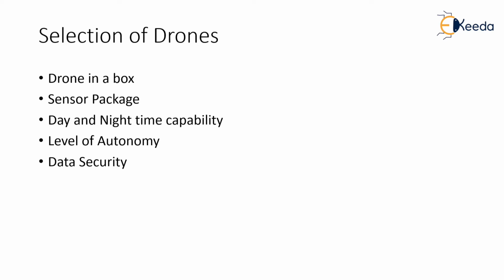So how do you select drones for these kinds of applications? First of all, drone in a box. When I say drone in a box, it means that the entire drone package is easily deployable. You don't have to start reconfiguring.